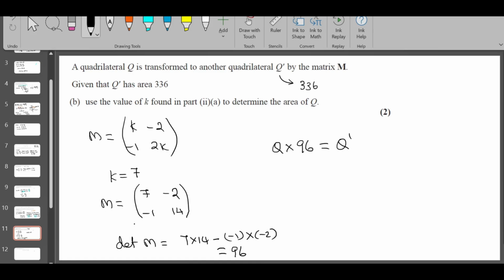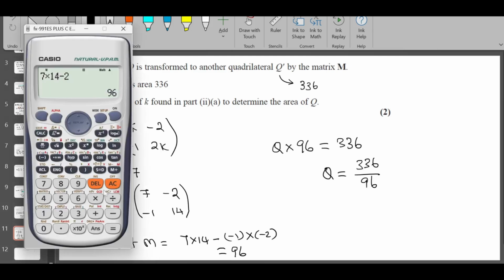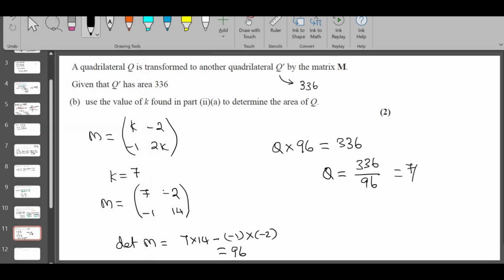This is given as 336, the area of the transformed quadrilateral. So to find the area of the original Q, you need to divide by 96. So 336 divided by 96 is 7 over 2 square units. Just put it as 7 over 2 or 3.5 square units.